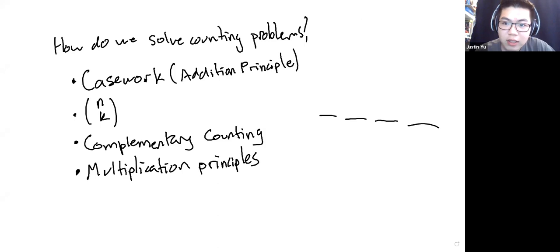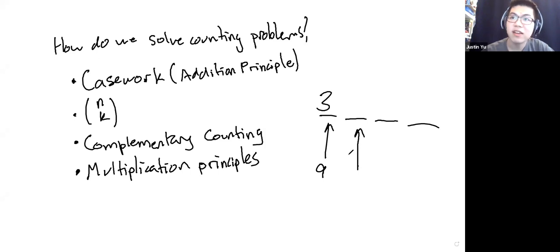So let's see. How many ways are there to choose this? Let's say we're choosing them from left to right. There's 9 ways. All right, so now let's say we've chosen this. Let's say we put a 3 in there. How many ways are there to choose this one now? There are also 9.